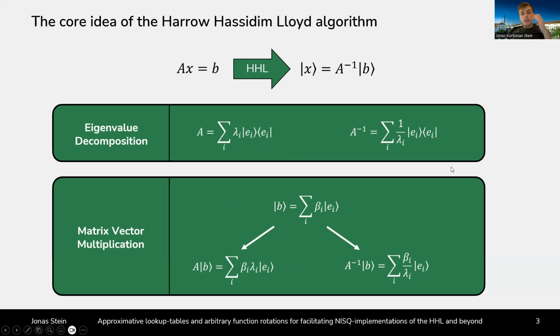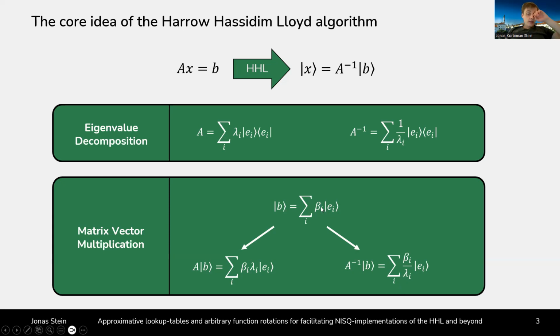And now the cool observation is, if we have A, it's not that hard to construct A inverse, because mathematically that's the same thing, but with the reciprocals of the eigenvalues. Now if we want to compute x, then instead of multiplying A with b, we have to invert those eigenvalues.